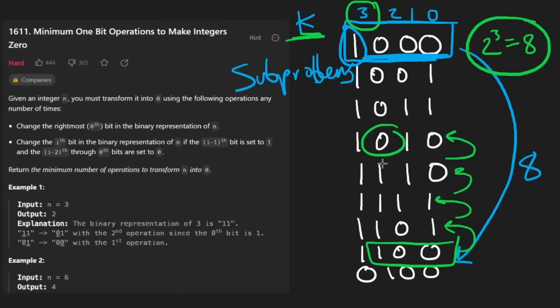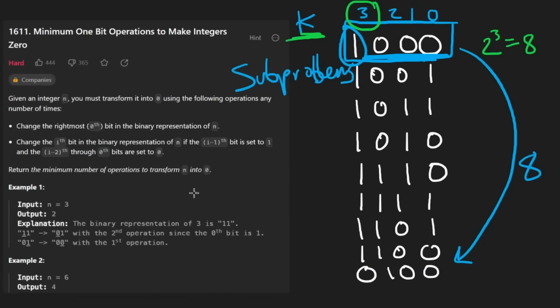And since we only have 2 decisions we can make at any given point in time, going backwards is going to take us the same number of steps as going forward. So that is something we can extrapolate. So if we have some number 1, 0, 0, 0, 0, whatever, and this is the kth bit, then it's going to take us 2 to the power of K to 0 that guy out.